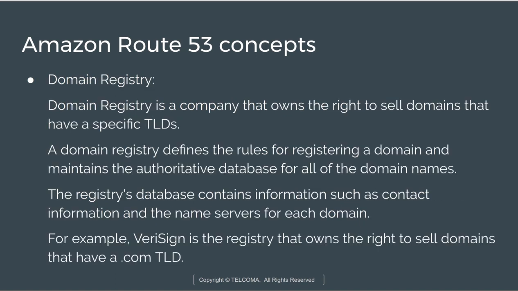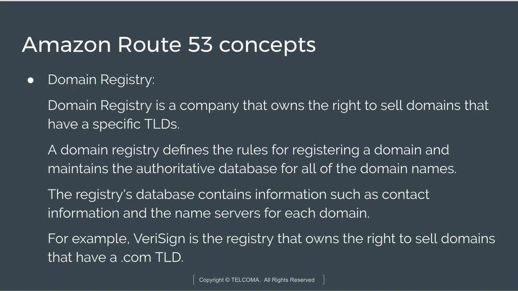Then we have the domain registry. A domain registry defines the rules for registering a domain, such as residency requirements for geographic TLDs, and also maintains the authoritative database for all domain names in the same TLD. Basically it is a company that owns the right to sell domains that have specific top level domains.